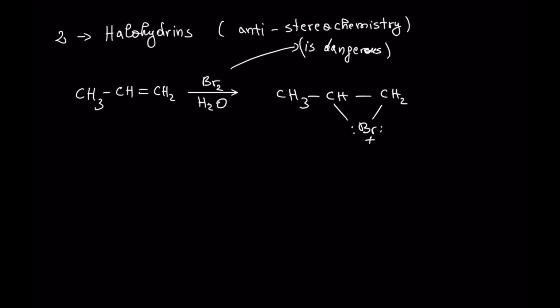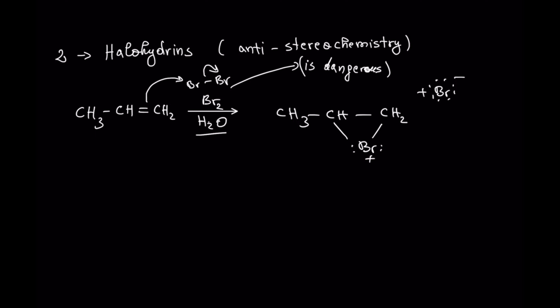And after that, the attack happens like this. After that, we have the addition of water on the opposite side. So the water is going to attack here according to Markovnikov's rule, and this bonding pair is going to move to the bromine to stabilize the cation.